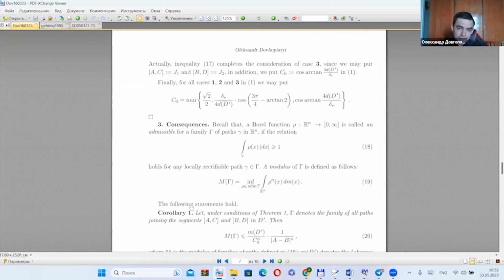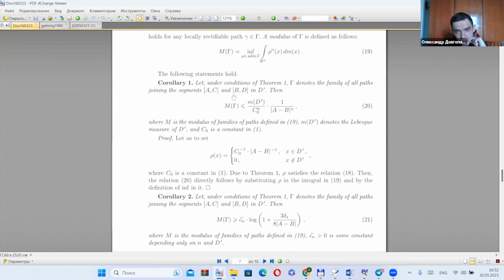Let's recall that a Borel function rho is called admissible for a family gamma if relation 18 is true for any locally rectifiable path from this family gamma. A modulus of gamma is defined in 19, and the following statement holds.